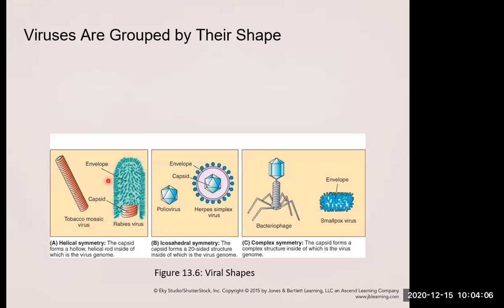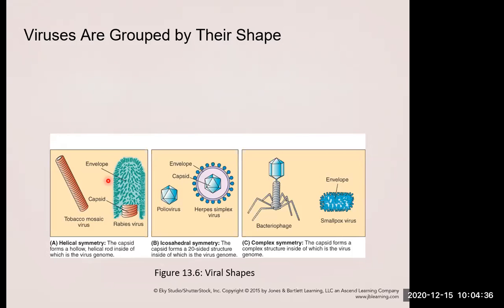So we can talk about shapes. When I say shape, I'm referring to the capsid, so the protein coating around the nucleic acid. There are three types of symmetry. Helical is a cylinder that's going to wrap around the nucleic acid. Icosahedral is a 20-sided capsid.